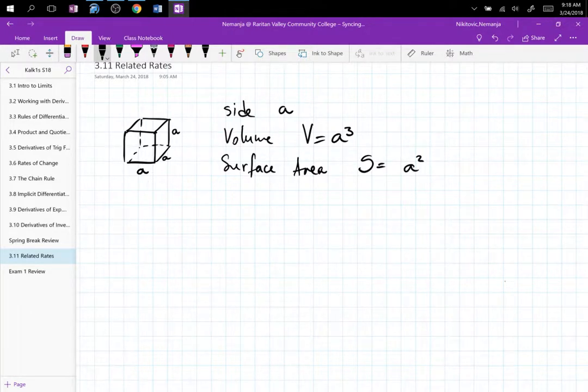And how many sides do you have? 6, right? So 6A squared for the surface area of this. Now that will be the part that you paint, right? So if you want to know how much paint you need to paint a cube, well, it's going to be the area of each side, and you add them all, so it's all A squared, so 6A squared.